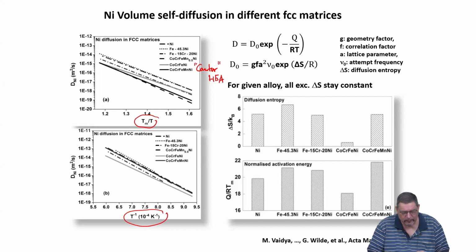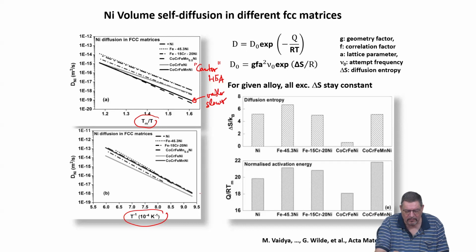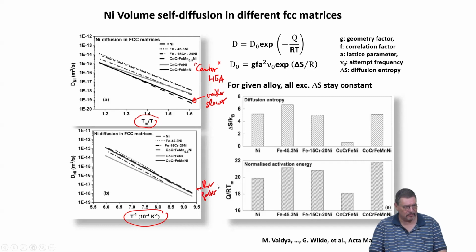So if we do a comparison on the homologous temperature, which is the correct comparison, then this is the diffusivity data we are looking at, and it is rather slower. But here it is rather faster as compared to these other materials.